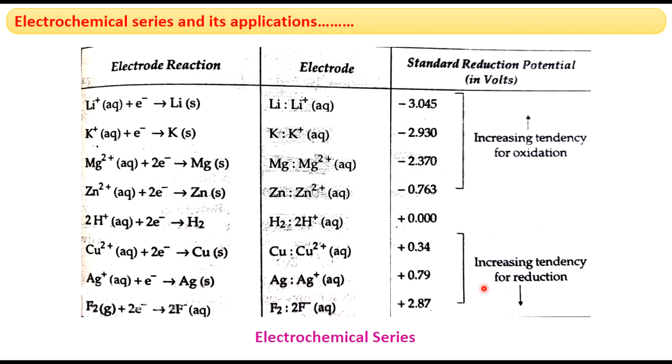From top to bottom, the tendency for reduction increases. Lithium will be reduced with great difficulty, then somewhat less difficulty for potassium, then magnesium, zinc, like this. So reducing tendency increases from top to bottom, and oxidizing tendency increases from bottom to top.